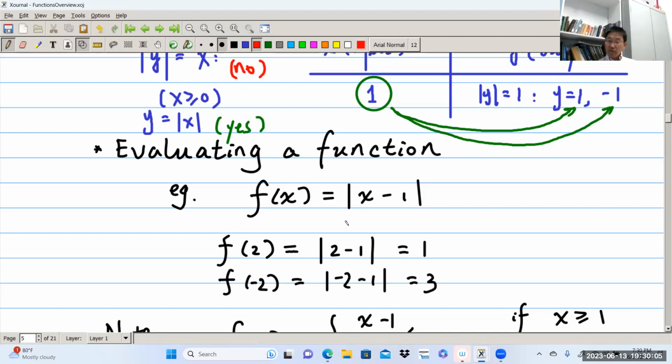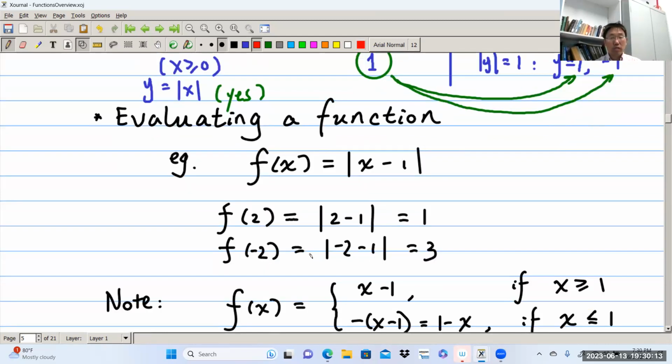So the function f of x equals the absolute value of x minus 1 is a function of x. If I ask you to evaluate this function at 2, then you just supply 2 to this function. You replace this input variable x. This x represents the input. Now I know that the input is 2, right? So you replace x by 2.